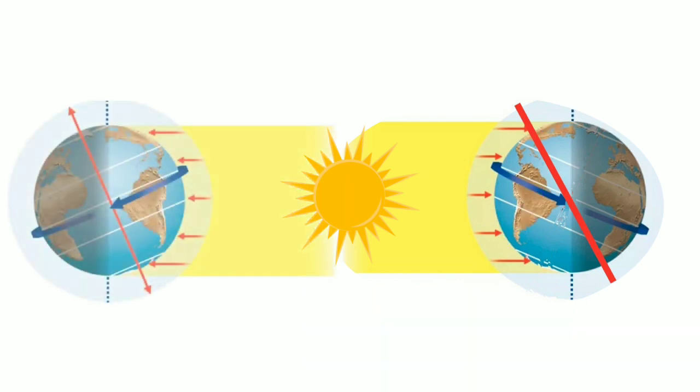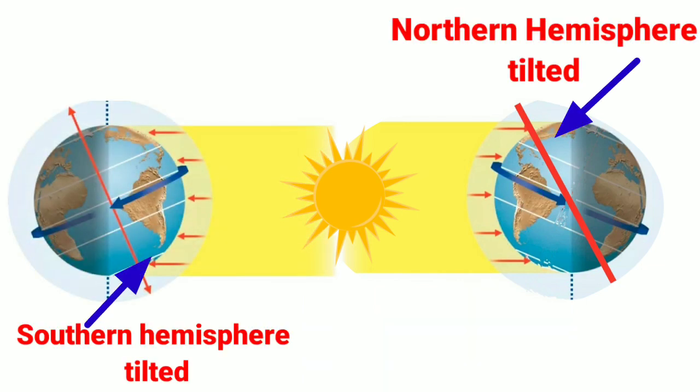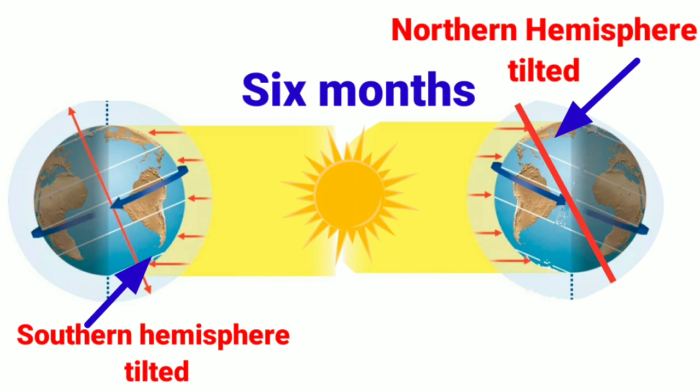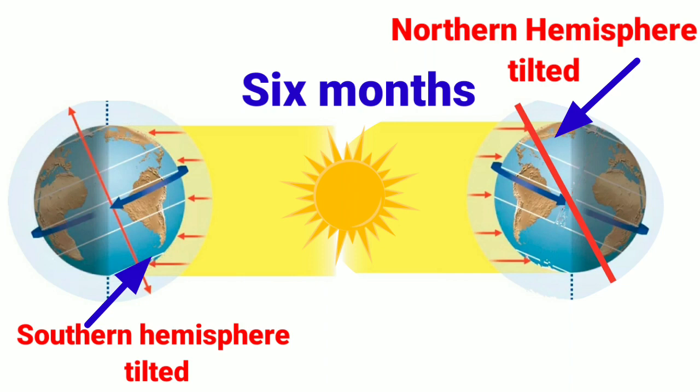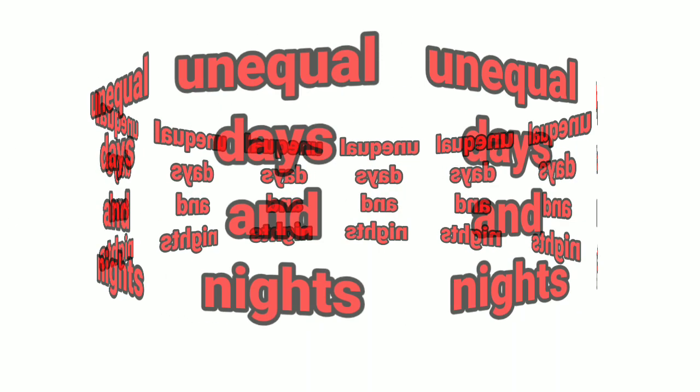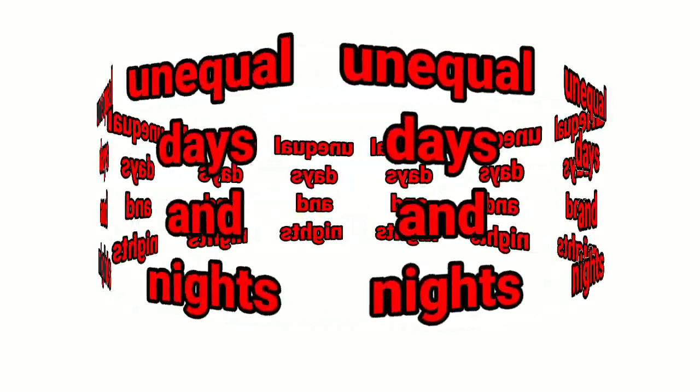This makes each hemisphere tilt towards the Sun during half the year, that is for 6 months, and away from it during the other half. So for 6 months the northern hemisphere is inclined towards the sun, and for the next 6 months the southern hemisphere is inclined towards the sun. Due to this, unequal days and nights are caused.